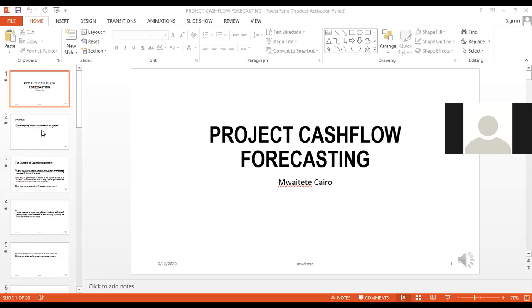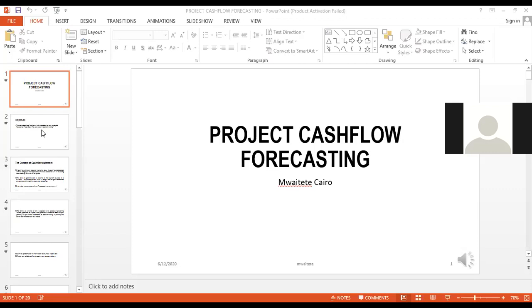The future cash flow is the lifeblood of your project. So you must predict it. So you will need to know the cash from operating activities, cash from investing and cash from financing.